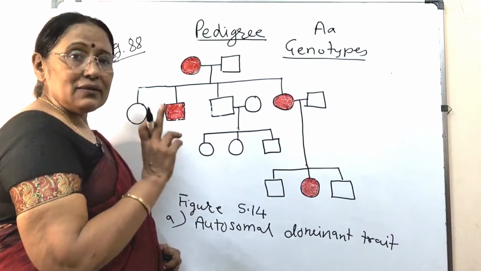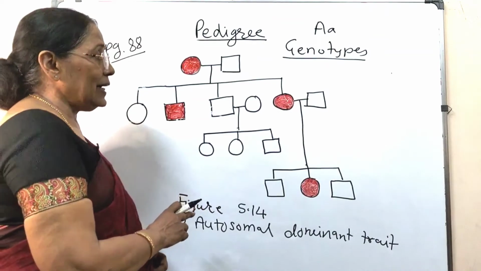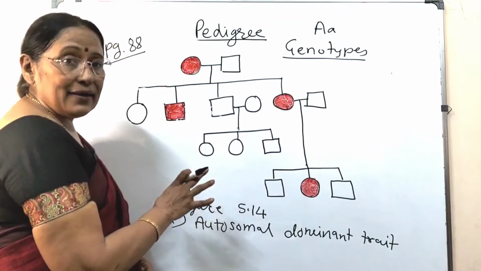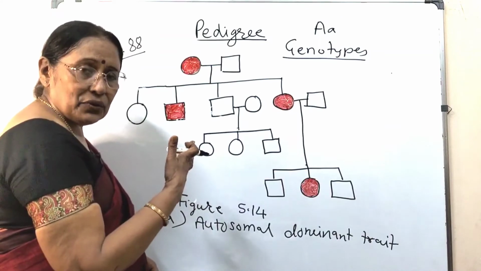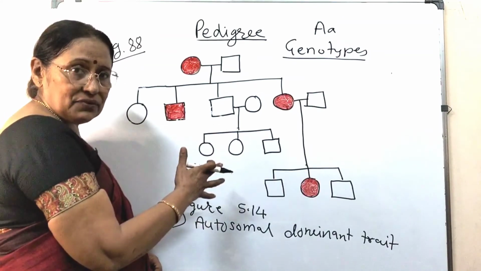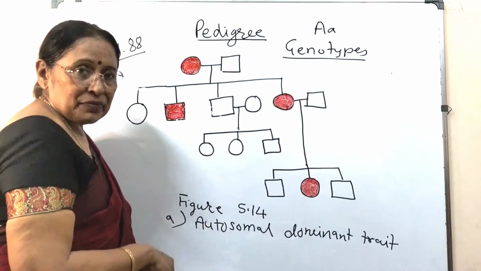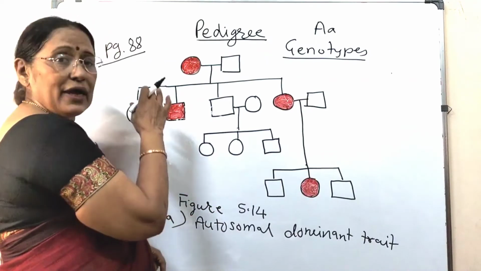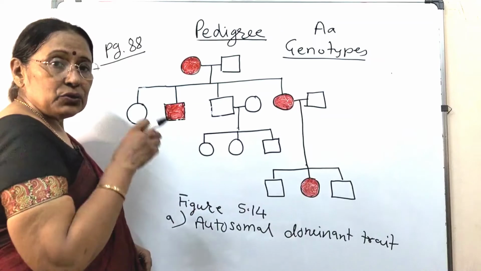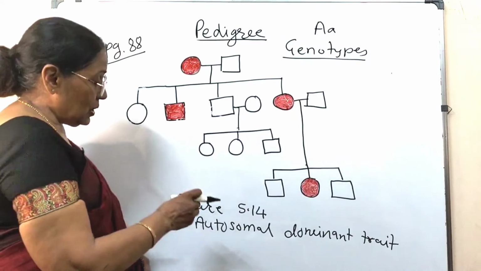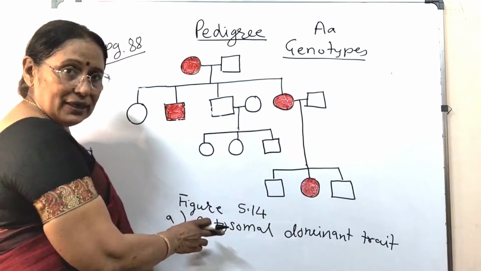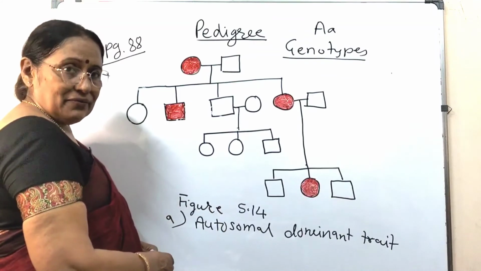The only one thing which you have to keep in mind is that we can write very fast, we can go on writing the genotypes of the individuals by observing the next generation. नेक्स्ट जनरेशन को देखते हुए आप पेरेंट का जीनोटाइप तुरंत लिख सकते हो, और आपको ये देखना होगा कि वो डोमिनेंट है कि रिसेसिव है.